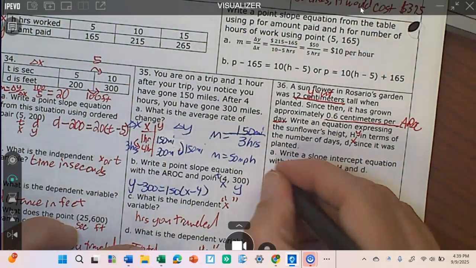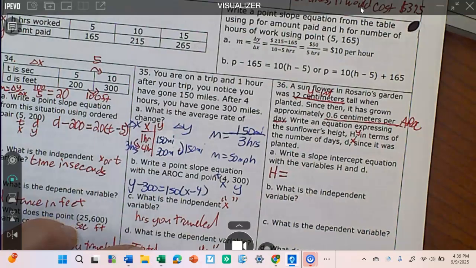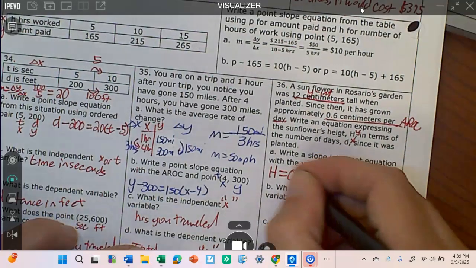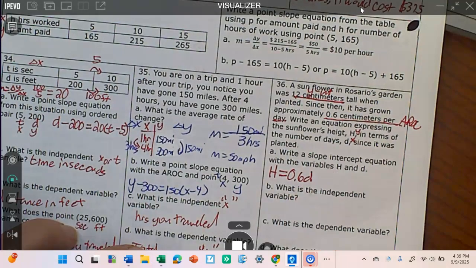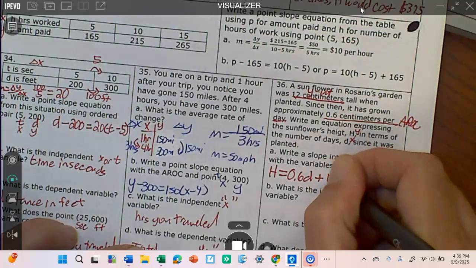So the height of the tree is, it's growing 0.6 centimeters per day, and it was 12 when we planted it.